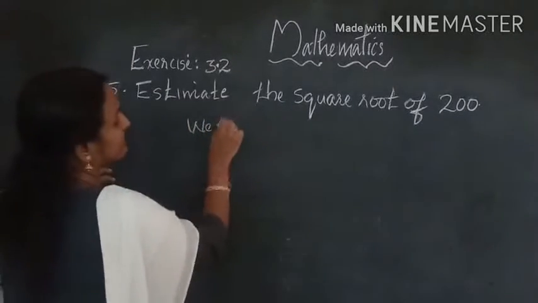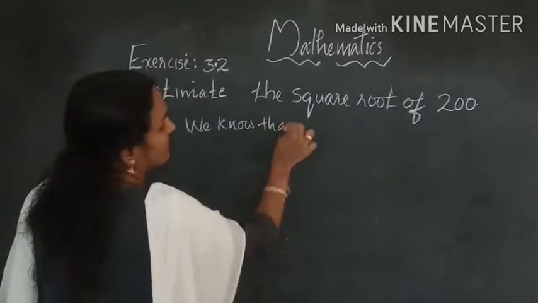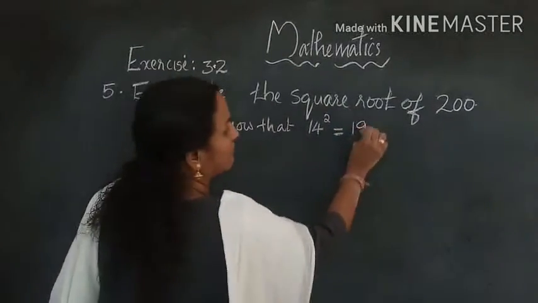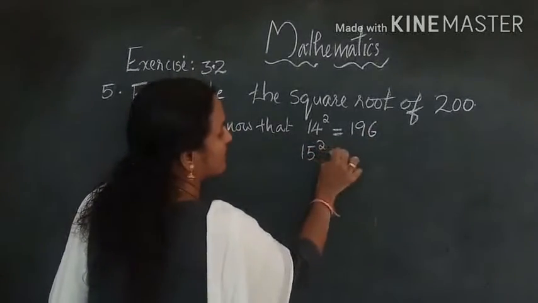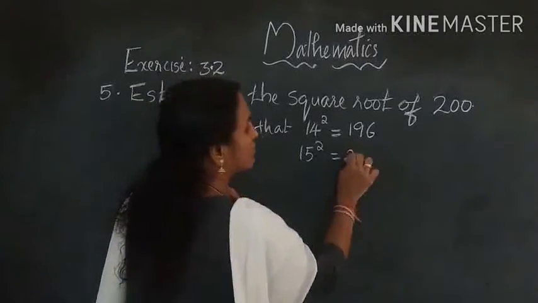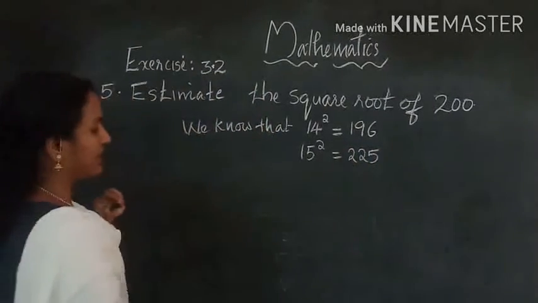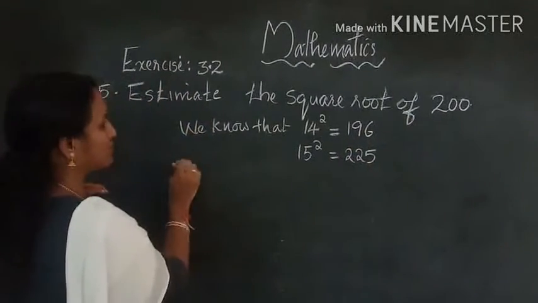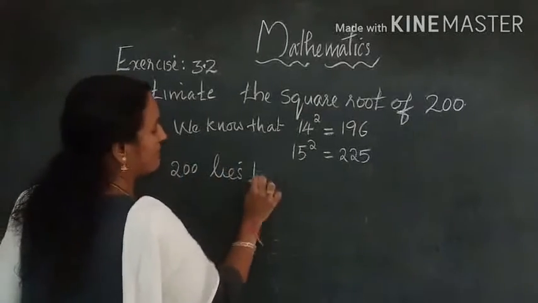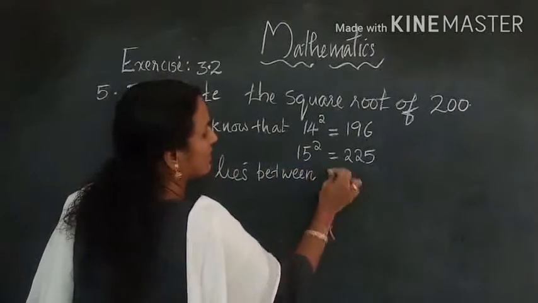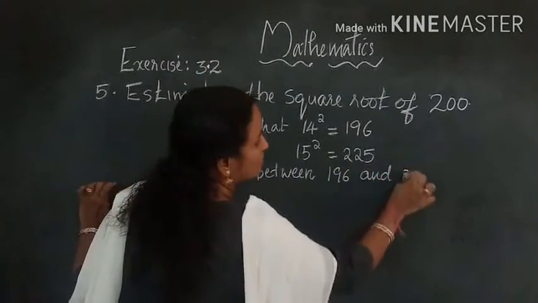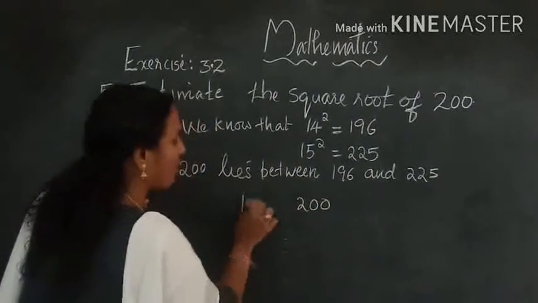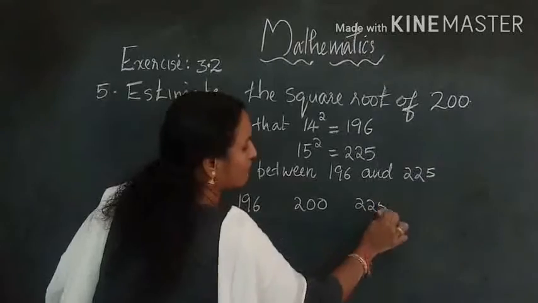We know that 14 square is 14 into 14, 196, and 15 square is 225. So 200 lies between 196 and 225.